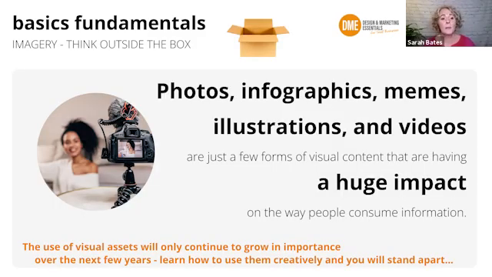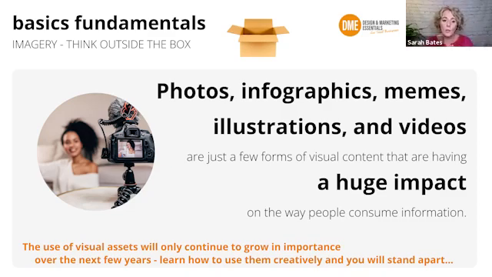So when we think about imagery, we have actually got to start thinking outside the box. And we can use massive amounts of imagery. We can use photos, infographics, memes, illustrations, and video. And these are just a few forms of content. We can have animated little GIFs going on. There's loads and loads of things.